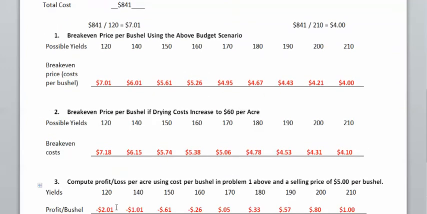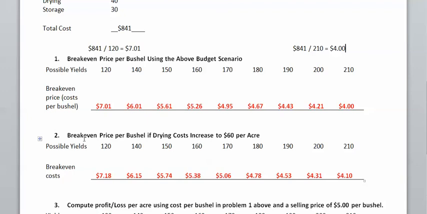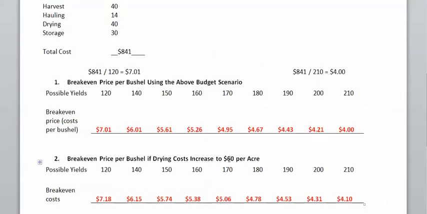That'll come into play when we get down here to problem 3, but let's look at problem number 2 right now. Problem 2, our break-even price per bushel if drying costs increase to $60 an acre. Well, that's one thing we have trouble predicting is our drying cost, because we just simply don't know how wet or dry our corn is going to be when we pull it out of the field.